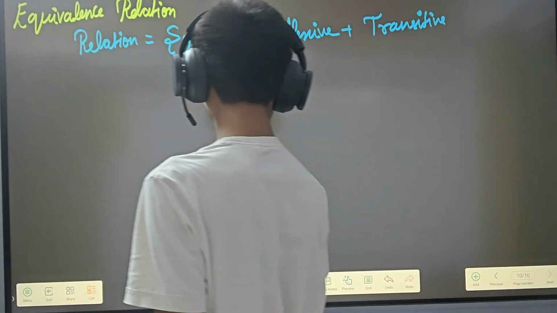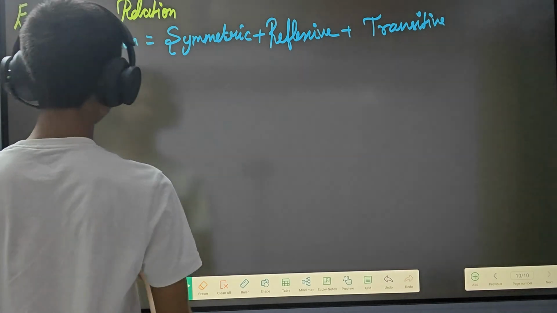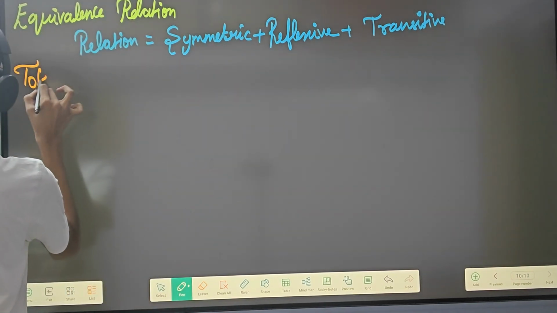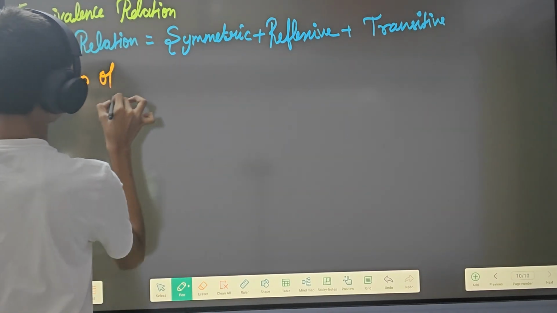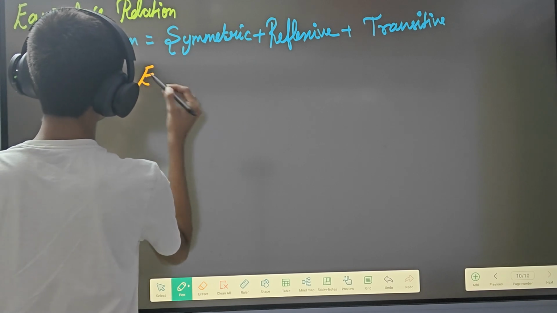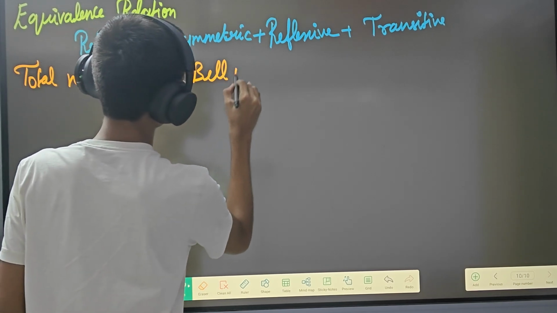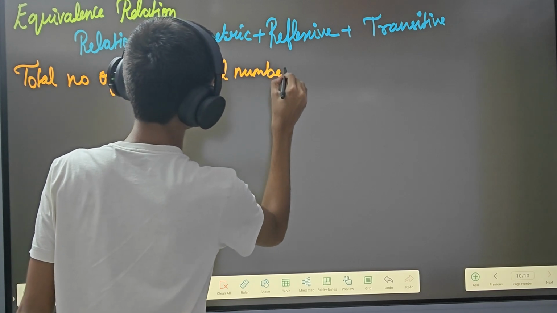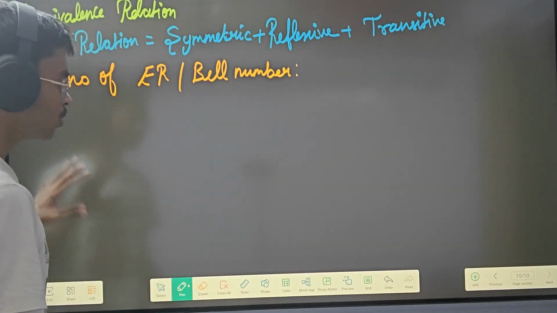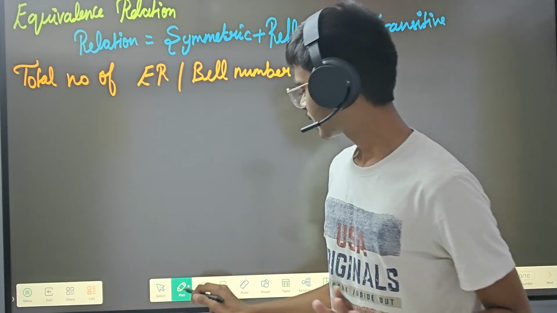In order to find the total number of equivalence relations, also called the Bell number, we have to use one formula.